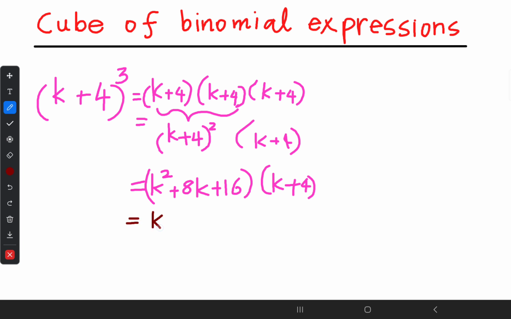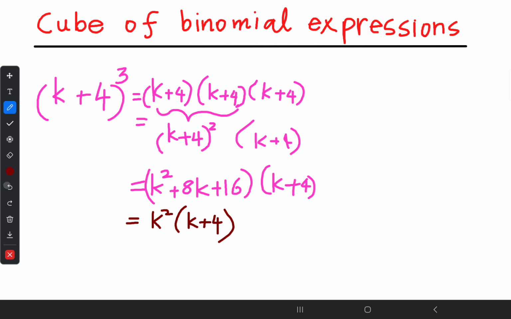First, this k square should be multiplied with both of them, k plus 4. This is not addition or subtraction. These are multiplications. So that's why we are keeping it like this. This value should be multiplied with this expression.